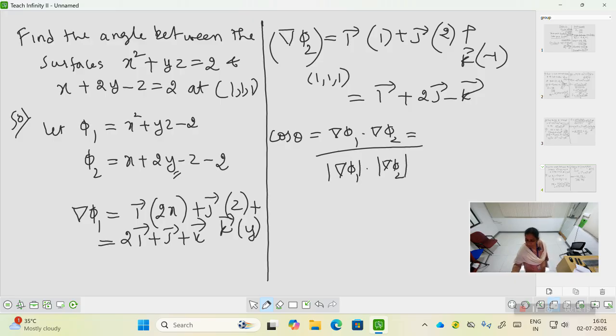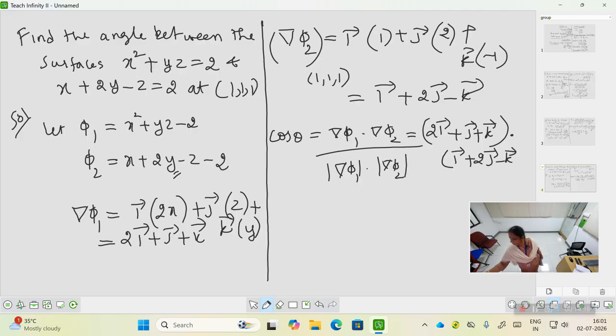What is del phi 1 here? 2i vector plus j vector plus k vector, dot i vector plus 2j vector minus k vector, whole divided by square root of 4 plus 1 plus 1, and here also 1 plus 4 plus 1.